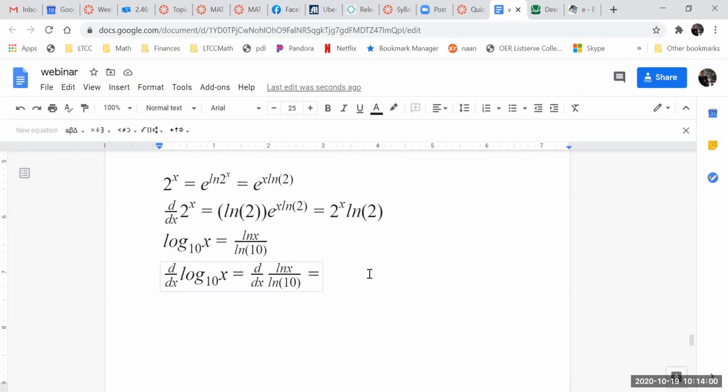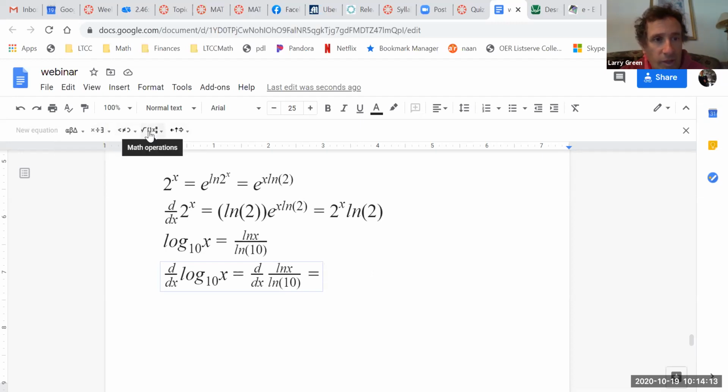No, I don't, because ln 10 is a number. And when there's a number in the denominator, there's no need to use the quotient rule. That's just going to be 1 over ln of 10. All right, that's just pulling the constant out, times the derivative of ln of x. What's the derivative of ln of x?